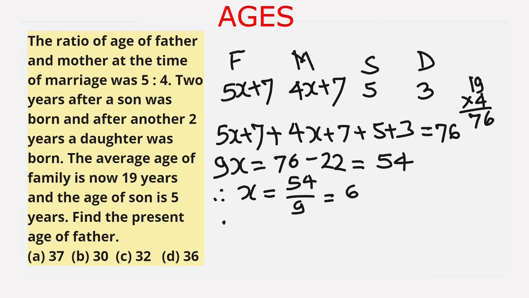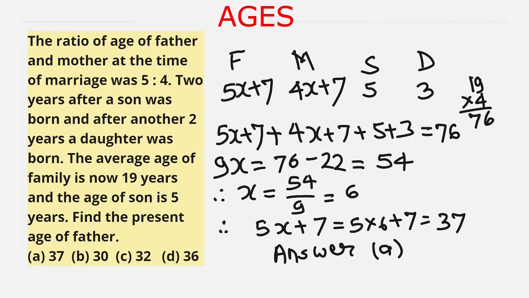So father's present age is 5x plus 7, and 5 multiplied by 6 is 30, plus 7 is 37. This way we can solve this question very easily. From the given options, our answer is option A, 37 years.